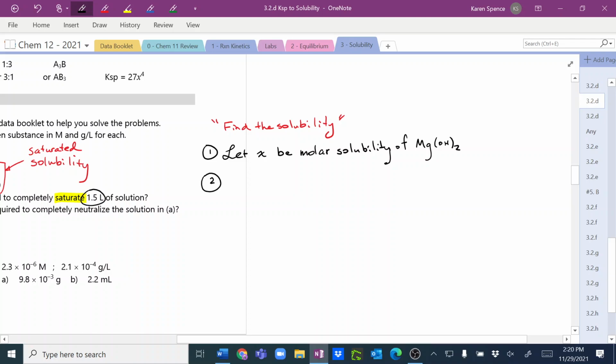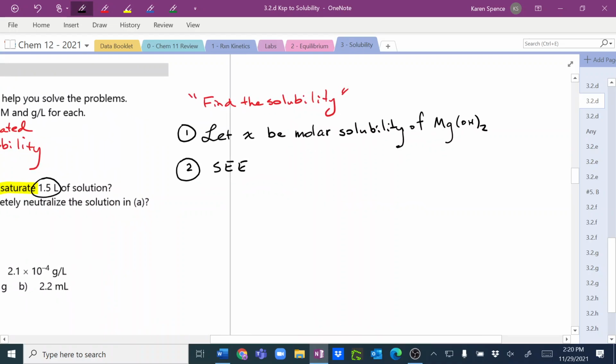Second thing we're going to do, write our solubility equilibrium equation. So this is for MgOH2 in equilibrium with Mg2 plus 2OH minus.